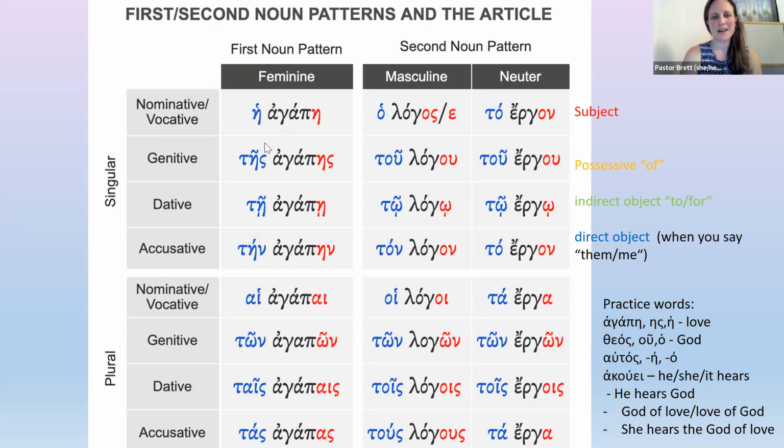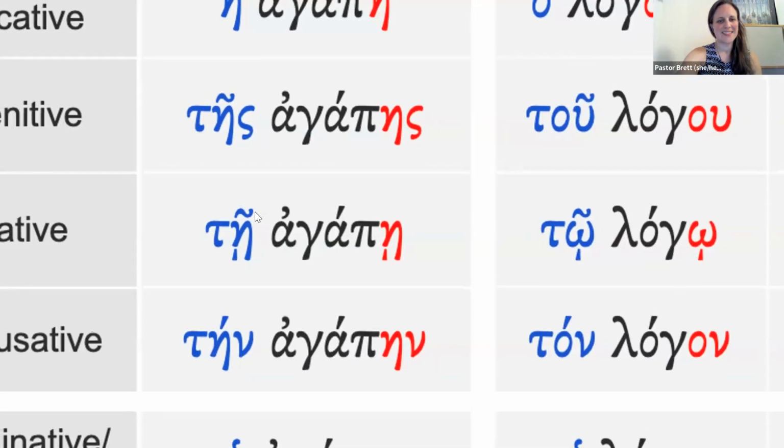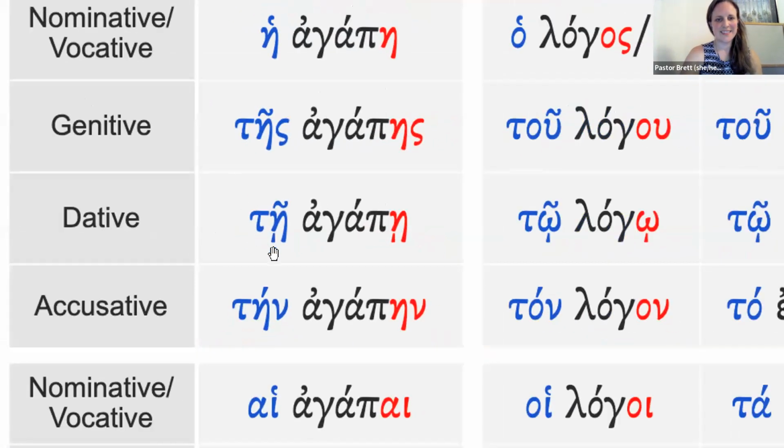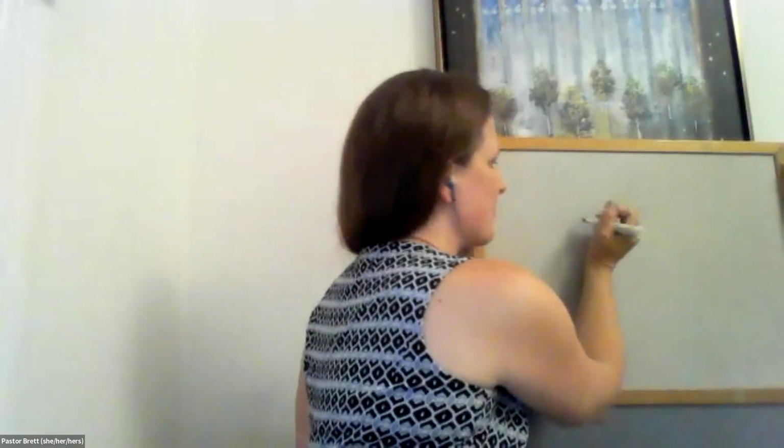If I wanted to say "of love" in that context, I would say tes agapes. If I wanted to say "to" or "for love," I would use this form. And here we have something new. This right there, this is a tricky little mark. That, and then I'm going to stop share for a second. This is what's called the iota subscript.